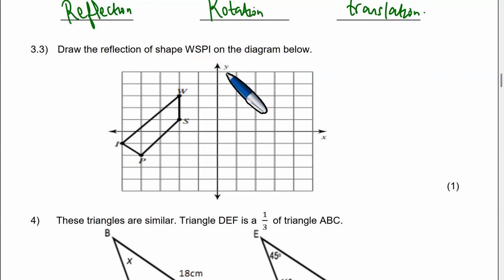So draw the reflection of the shape in the diagram. Right, so the reflection would ordinarily mean a reflection in the y-axis. So it would mean a reflection in the y-axis.